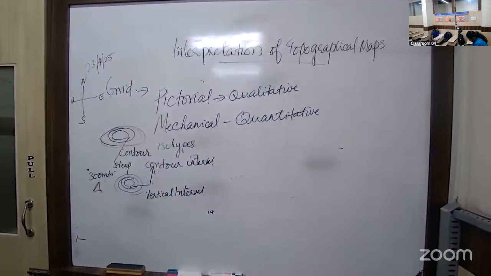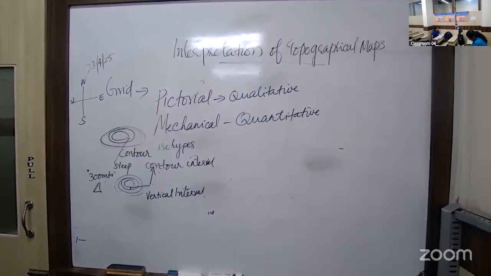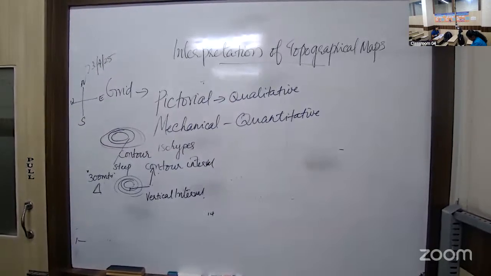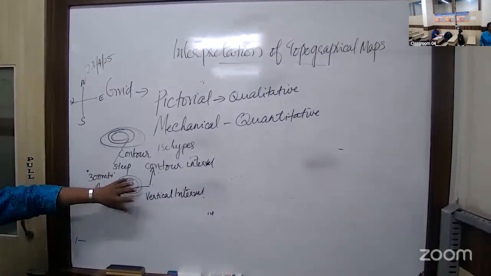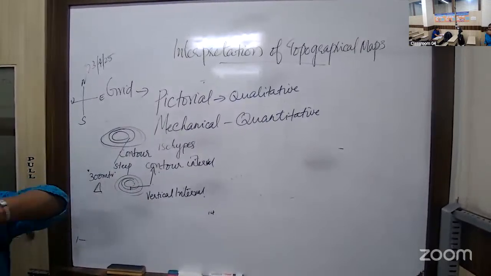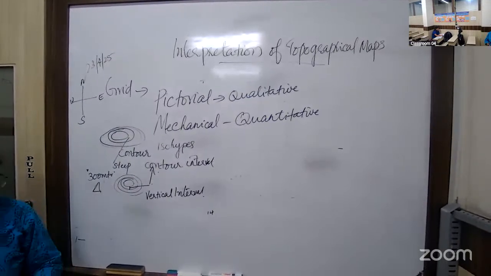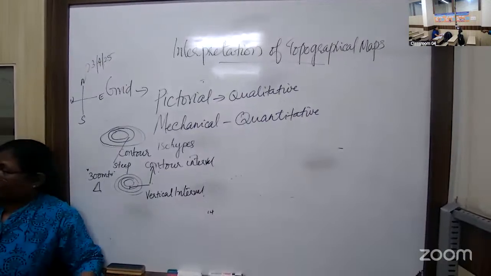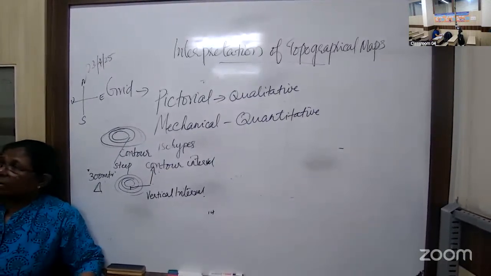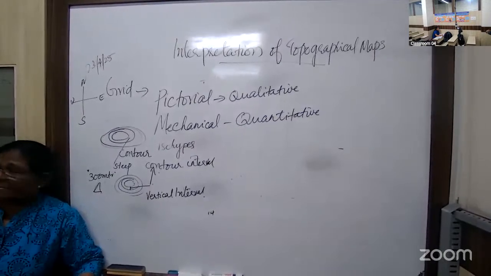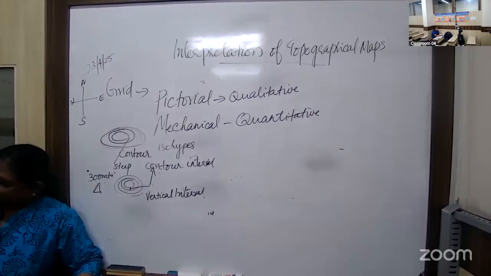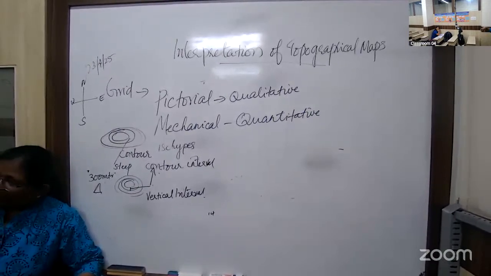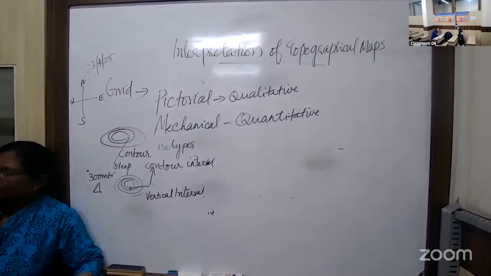Then horizontal equivalent. Horizontal equivalent is the actual distance between two points on two contour lines. See, we have already studied it. These are imaginary lines. But when you want to tell about KKN to Hansoli, how much distance that is, that is the actual distance. Understood? Actual distance and pictorial representation are different.